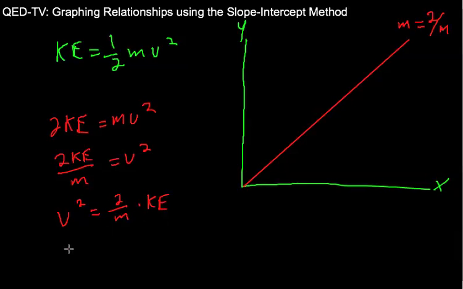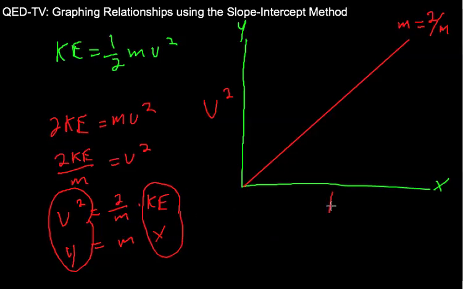And there it is, y equals mx. So on the y-axis, I could graph v squared. On the x-axis, I could graph kinetic energy. And when I do that, my slope will be 2 over m. And so I would have been able to prove that law.